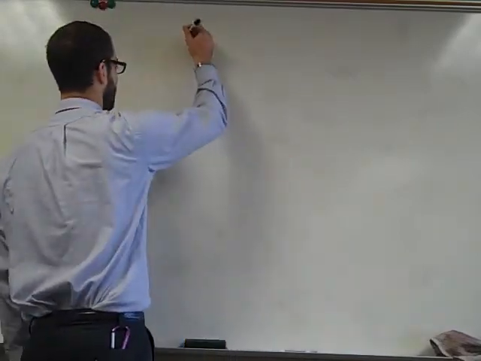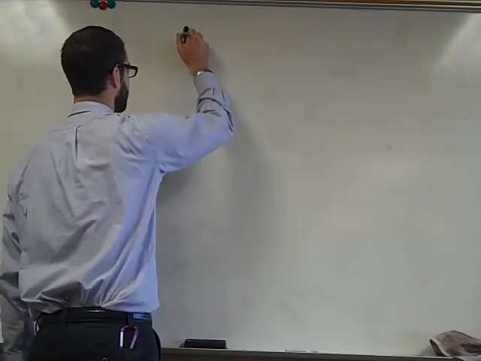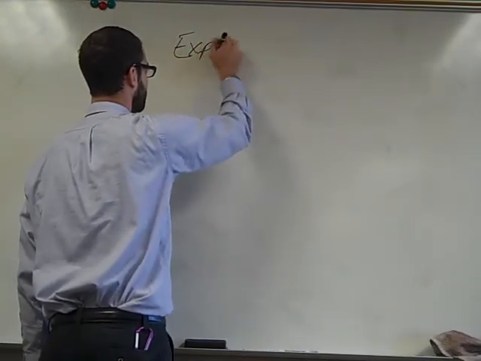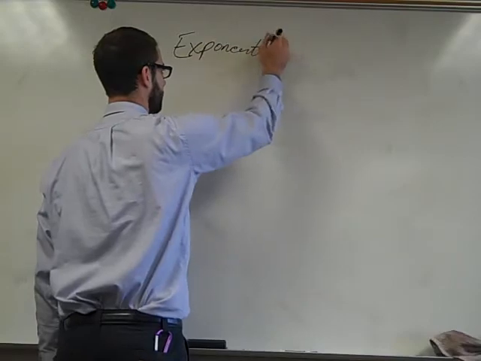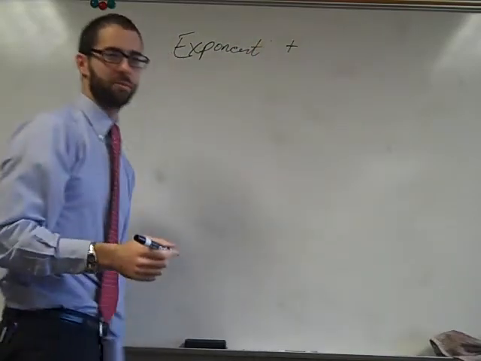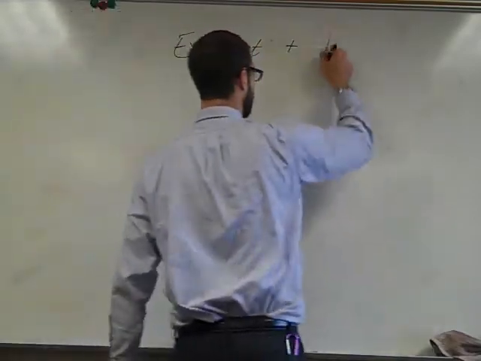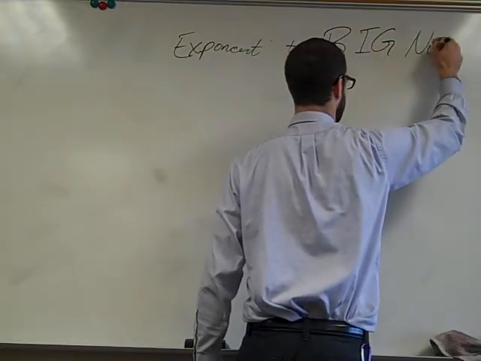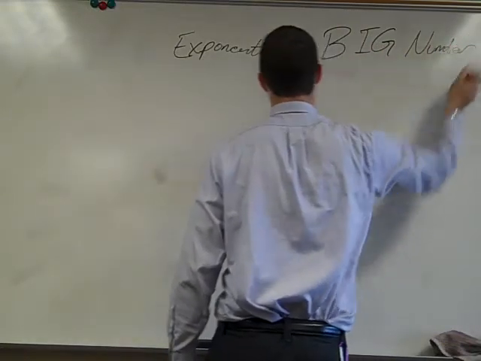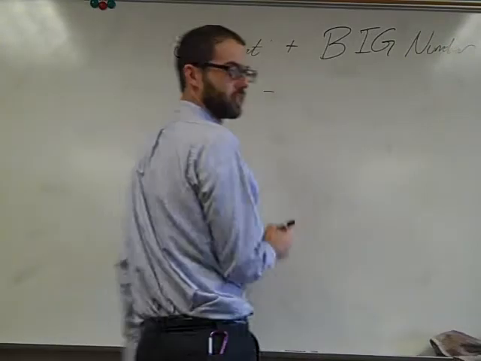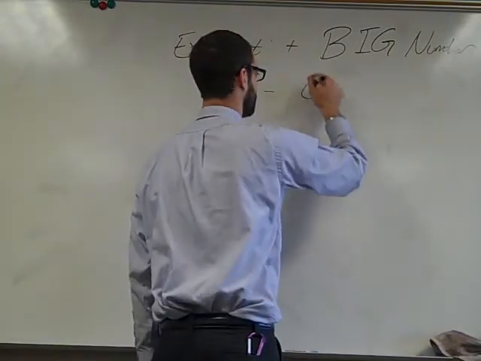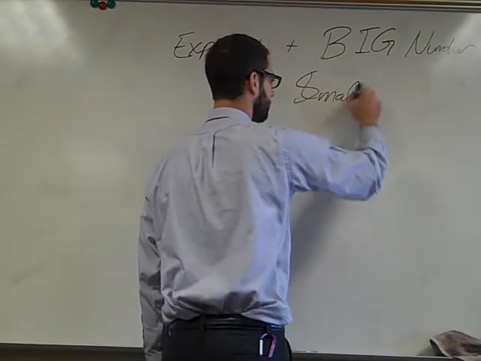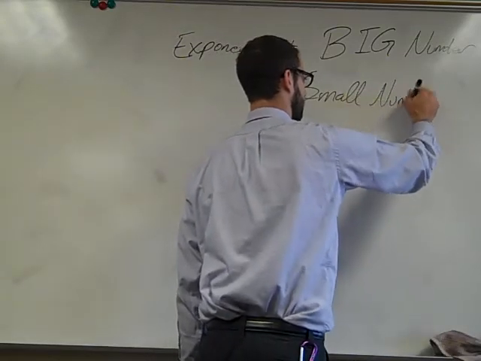So, a couple things to make note of. First thing, if your exponent is positive, that means it's going to be a very big number. If that exponent is negative, it's going to be a very small number.